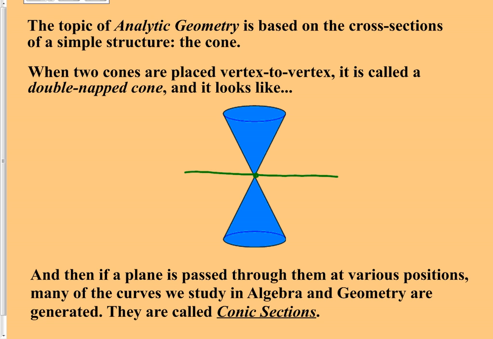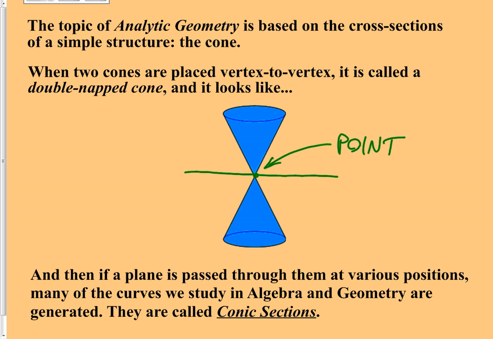What actually would be generated at that location? Well, it's just a single point in the cone, and that's where the plane passes through. So it is a possibility that your plane could pass through and end up with just a point as the cross section. Since it didn't generate one of the four types of conic sections that we expected, we call it a degenerate conic section.